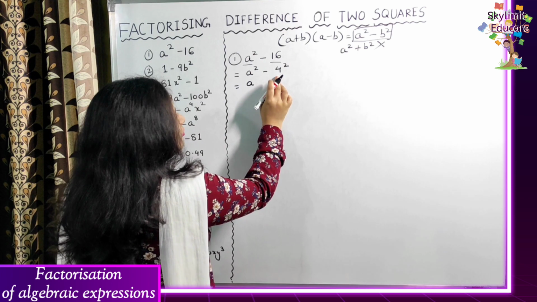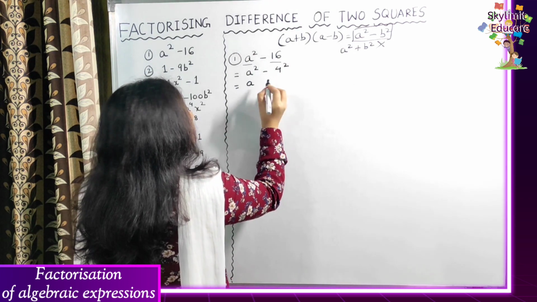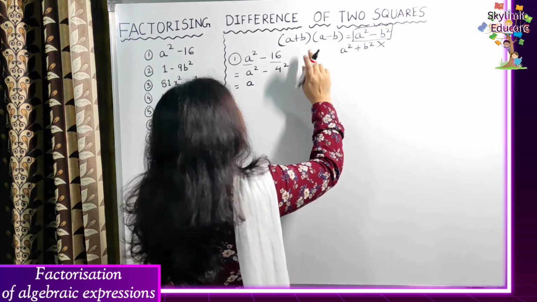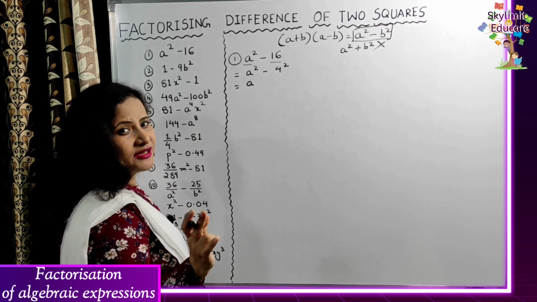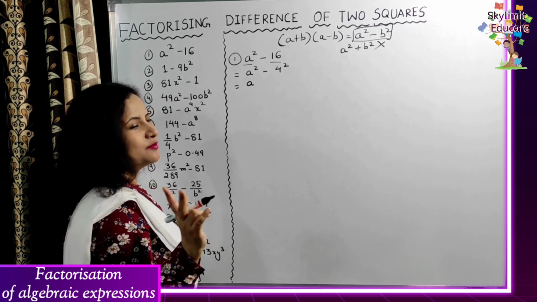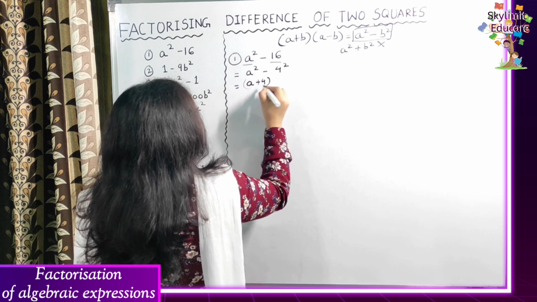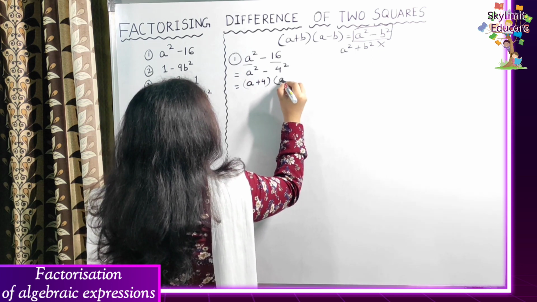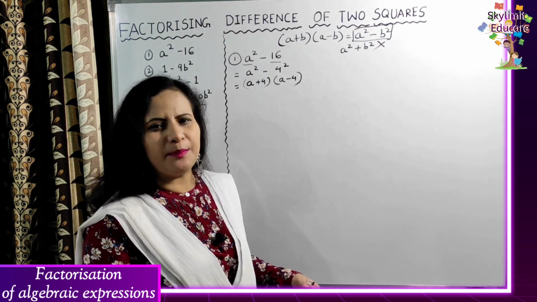What is the square root of 16? That is 4, right? So we have to bring it to the format of the product of the sum and the difference of two similar terms. So we get the answer here: a plus 4 multiplied by a minus 4, or you can also write it as a minus 4 multiplied by a plus 4.